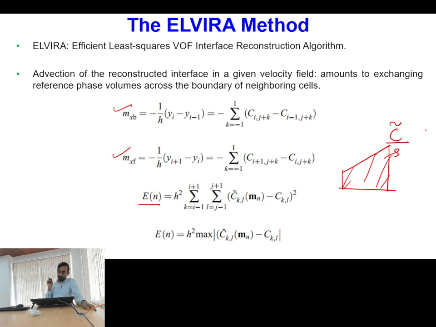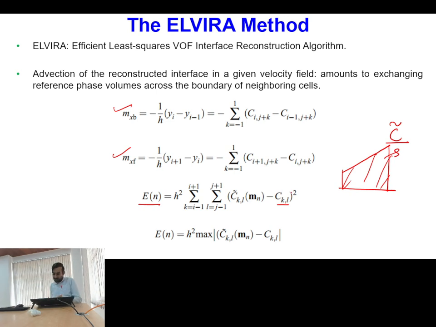Now, if I have to define the error function in terms of least squares, which is typically called the variance, what was my actual value of the color function? That was C. Using this value, I am trying to reconstruct the interface profile.